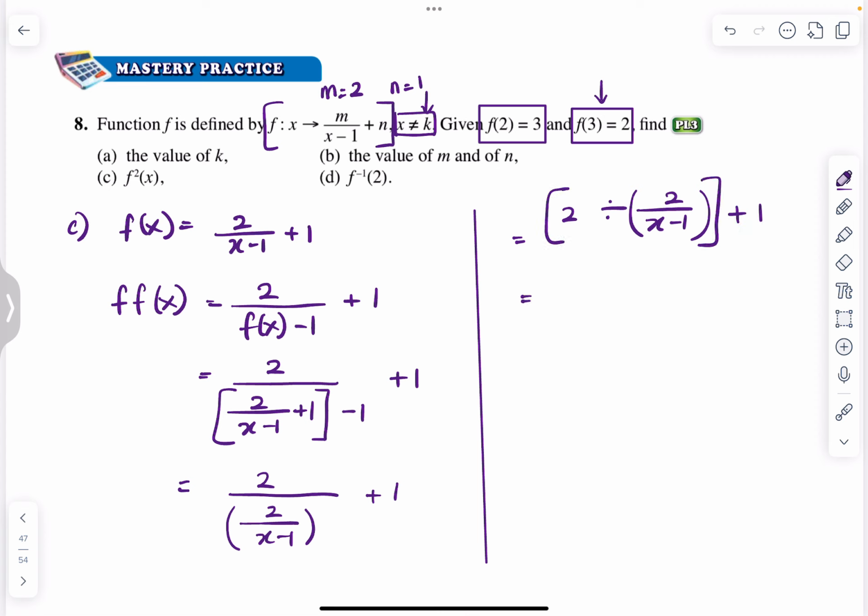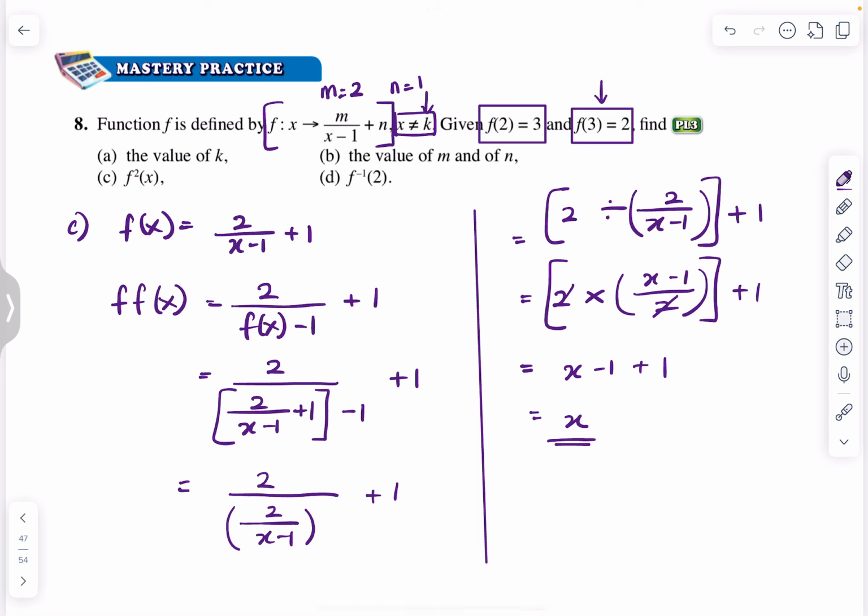So this is the same as 2 times x minus 1 over 2, plus 1. So 2 and 2 will cancel off. This will give us x minus 1 plus 1, which is x. That's it. That is the f squared x.